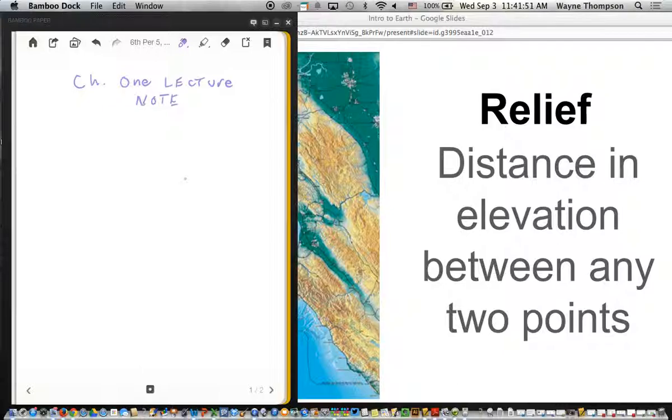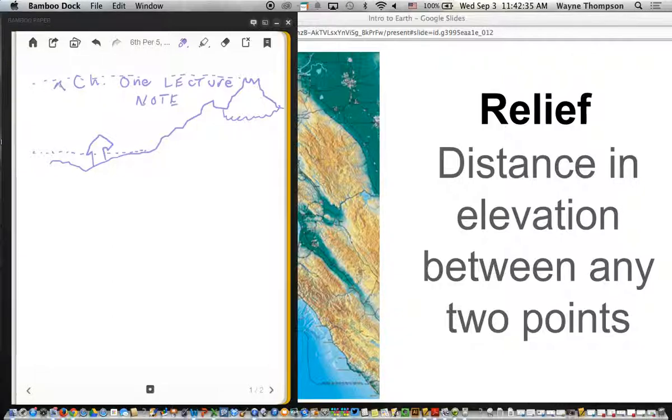So, for instance, let's say you're camping in the mountains, and here's your tent. Wow, that's a really bad tent, by the way. And here's a mountaintop that you want to hike to tomorrow that has snow on it. The relief of this area is the distance from where you are, right here at camp, to the top of the mountain.